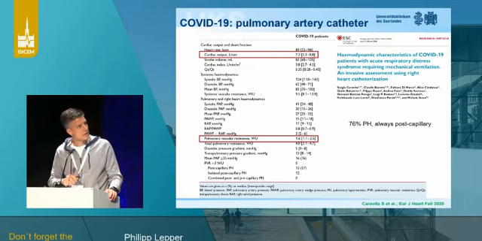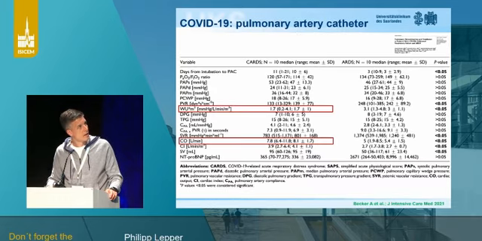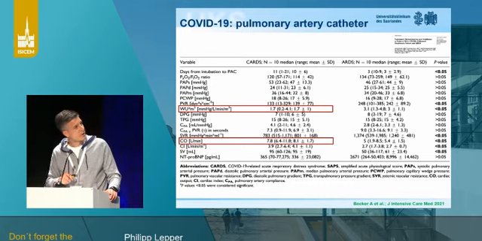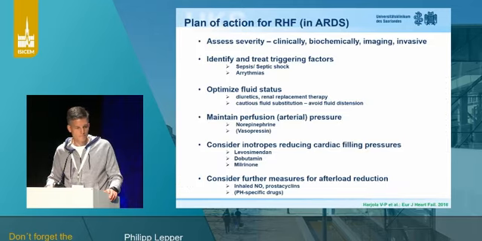Most of these patients, 76%, had pulmonary hypertension, but it was always, in this study, post-capillary. I just showed this because, funnily, it showed just the same values and, also independent from the other group, showed that it was mostly a post-capillary problem in COVID-19.